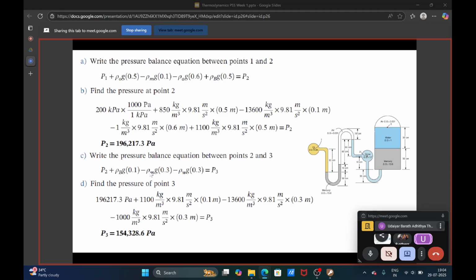So you get P2 plus the pressure because of brine height, minus your mercury height and water height, gives P3.